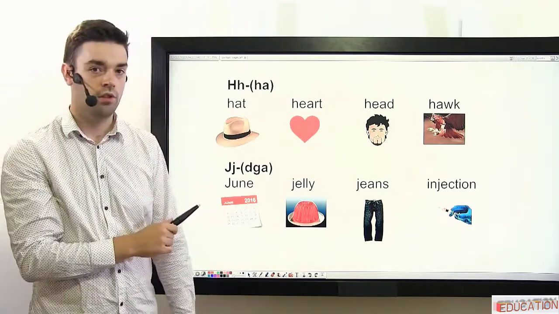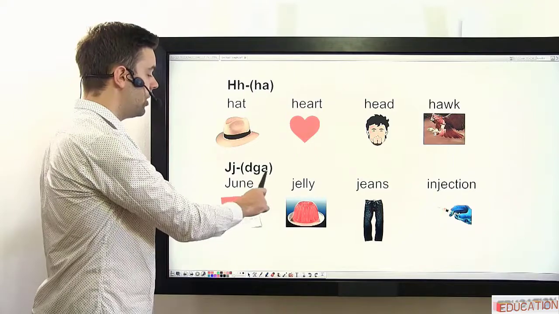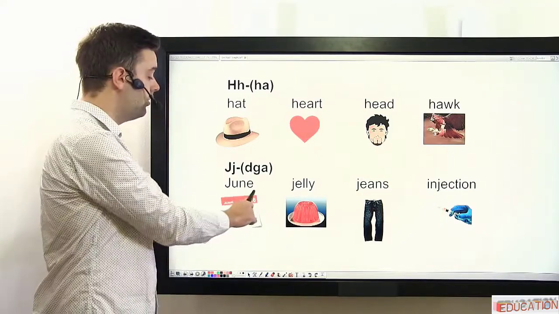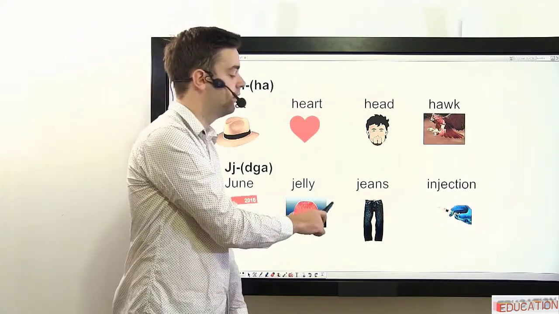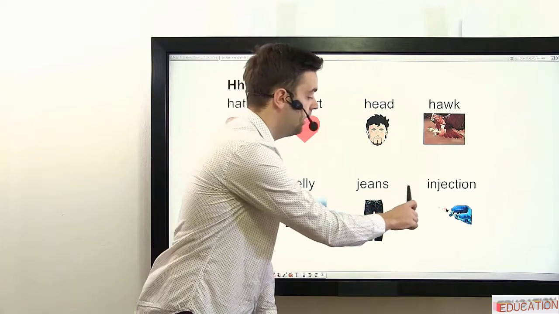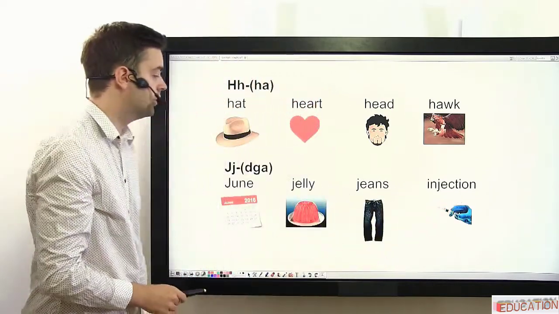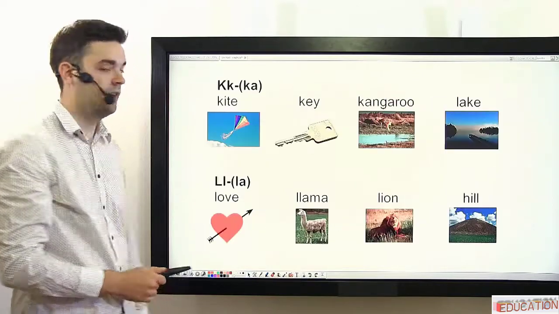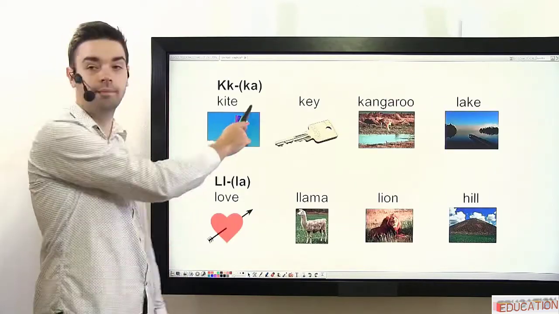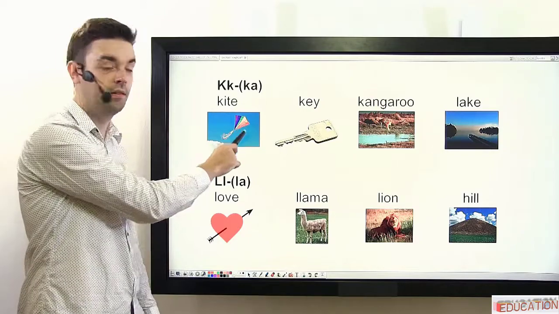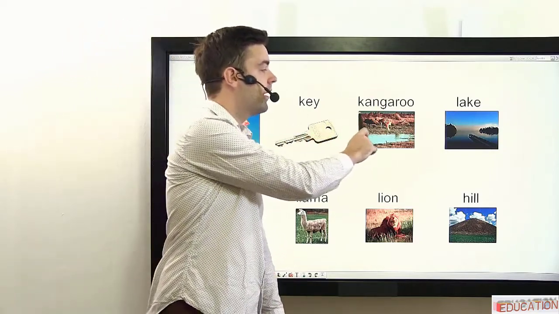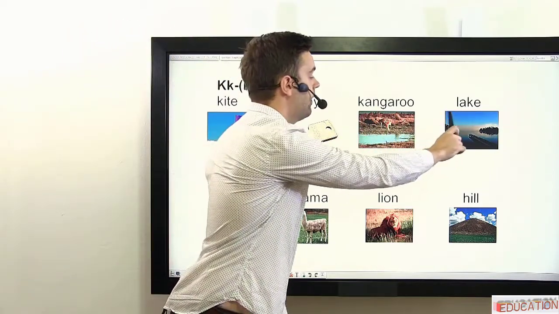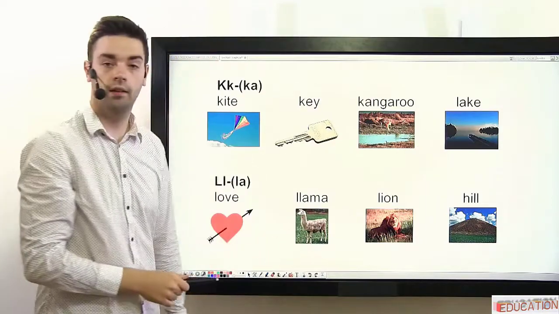J. So June, jelly, jeans, injection. K: kite, key, kangaroo, lake.